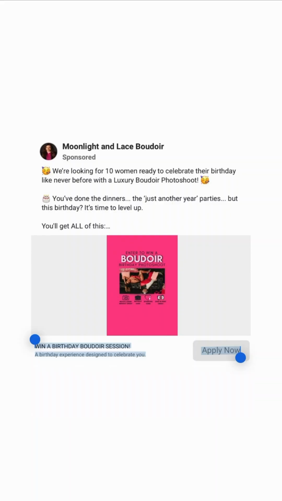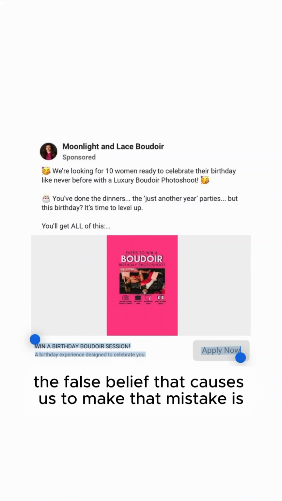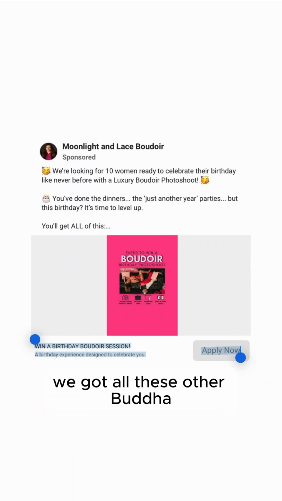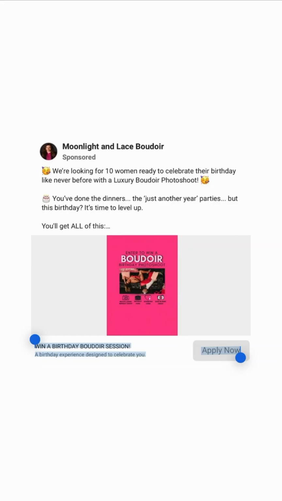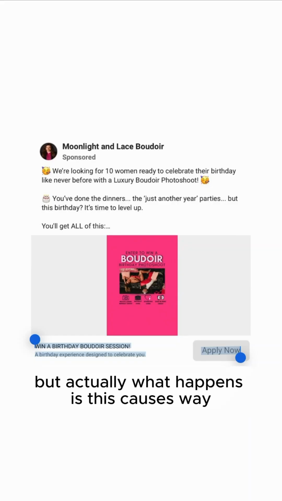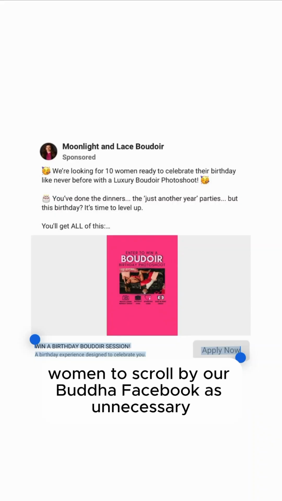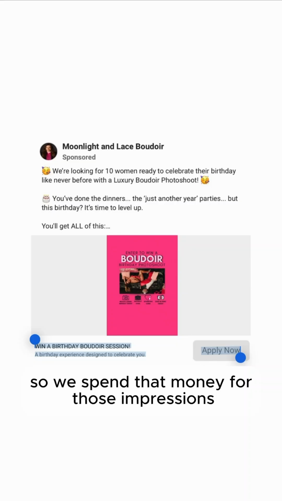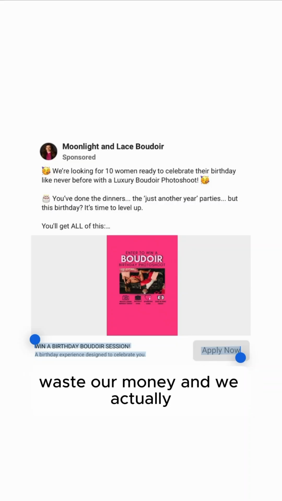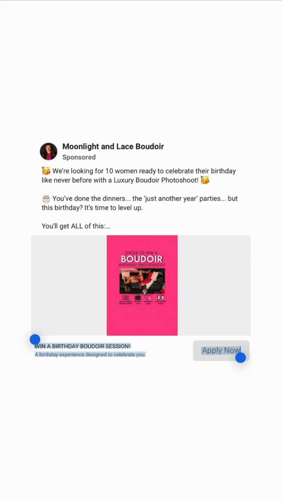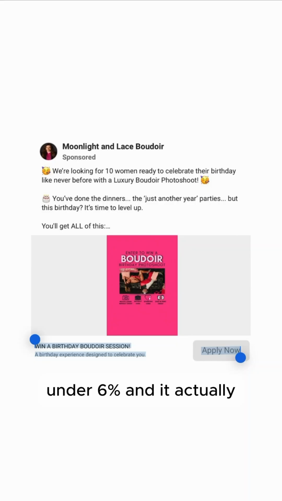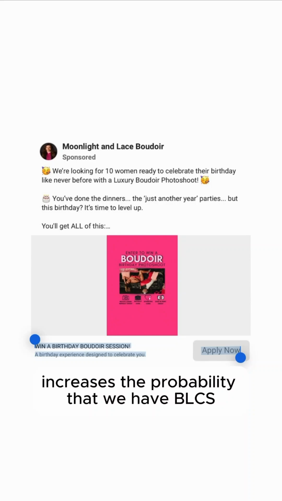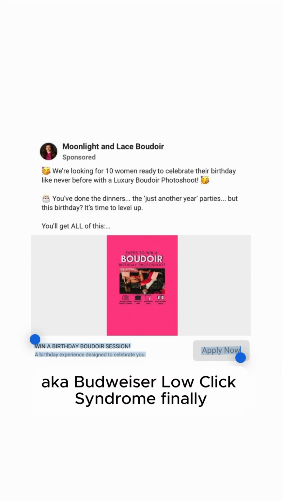And that's because we've seen all these other Boudoir Facebook ads that all look like ads. But actually what happens is this causes way, way, way more women to scroll by our Boudoir Facebook ads than necessary. So we spend money for those impressions and waste our money. And this actually pulls down our unique CTR under 6%, and it increases the probability that we have BLCS, aka Boudoir low click syndrome.